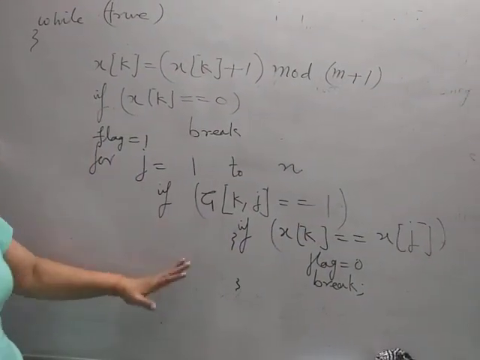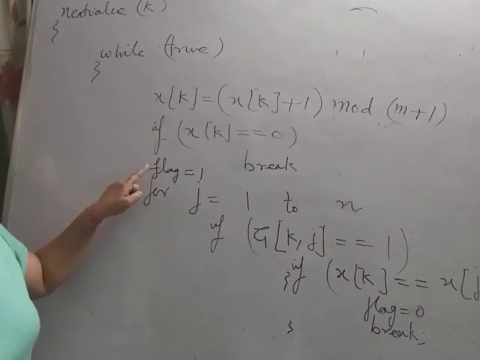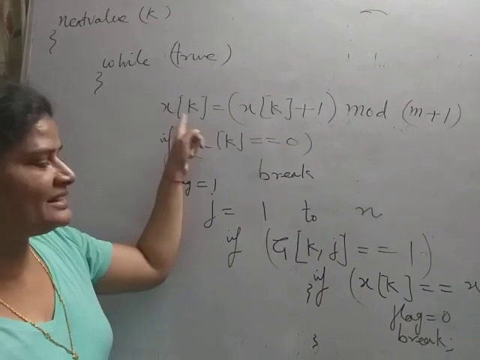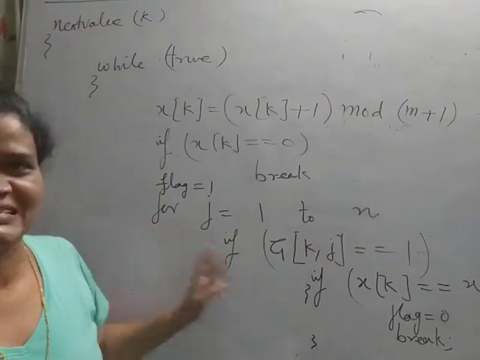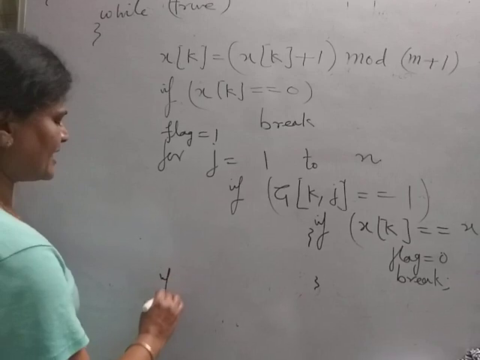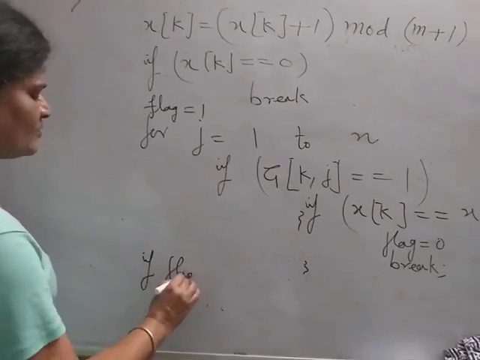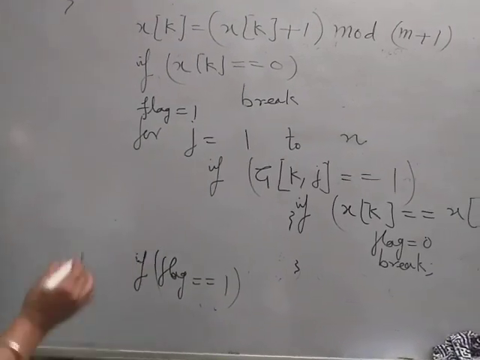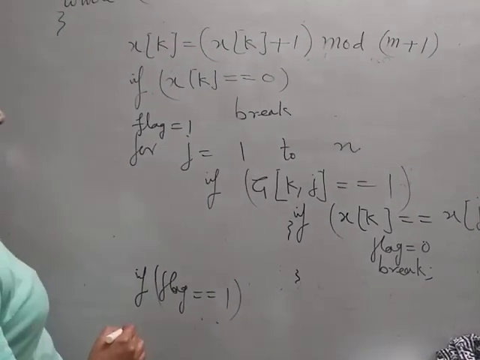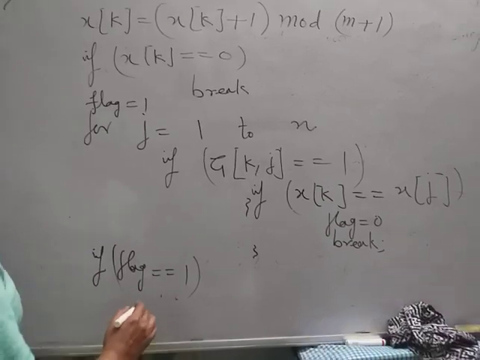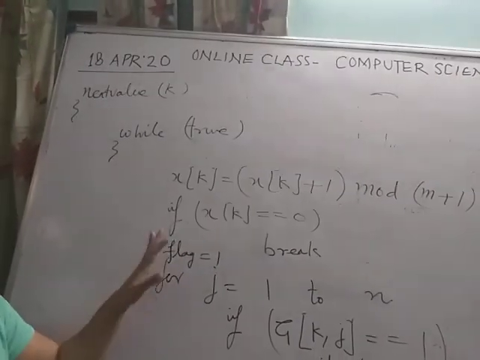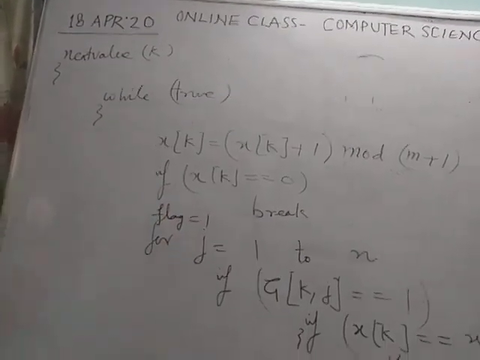When the loop finishes and the value of flag is still 1, it means the xk color is different from all its adjacent vertices. So here, if flag equal to 1, then break from the outer loop, as we get the desired color for the kth vertex.